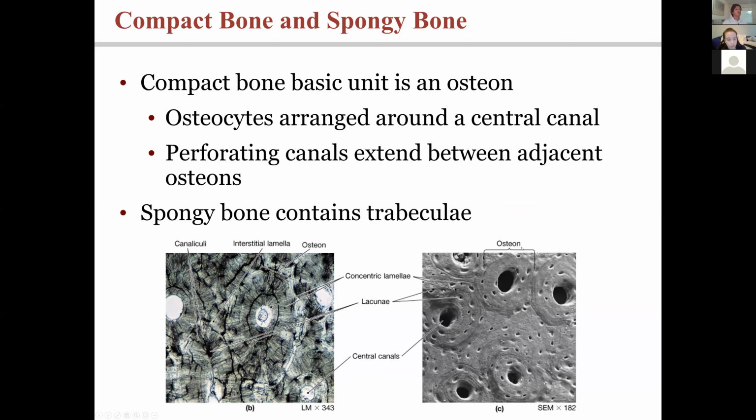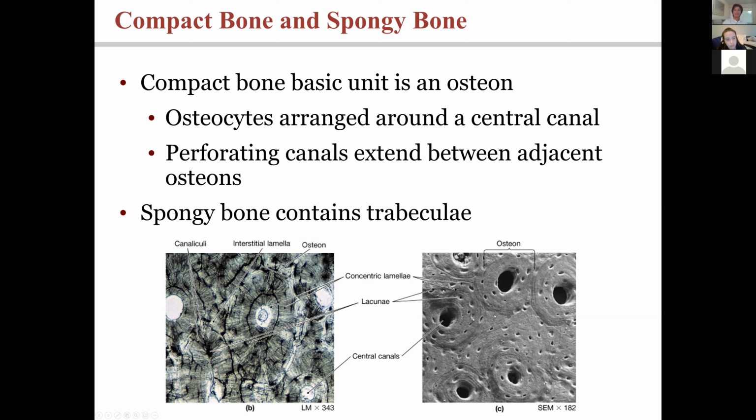Let's look at the difference between compact bone and spongy bone. Here you have compact bone. Compact bone looks fairly compact except for the lacunae, where you see these little holes. That's where osteocytes live. Their surroundings became calcified, and now they exist in these claustrophobic little lacunae.